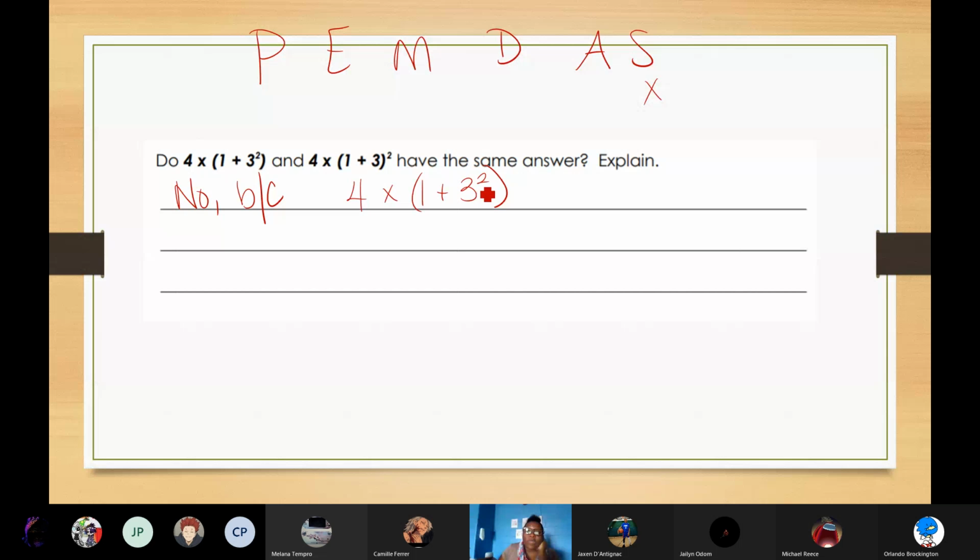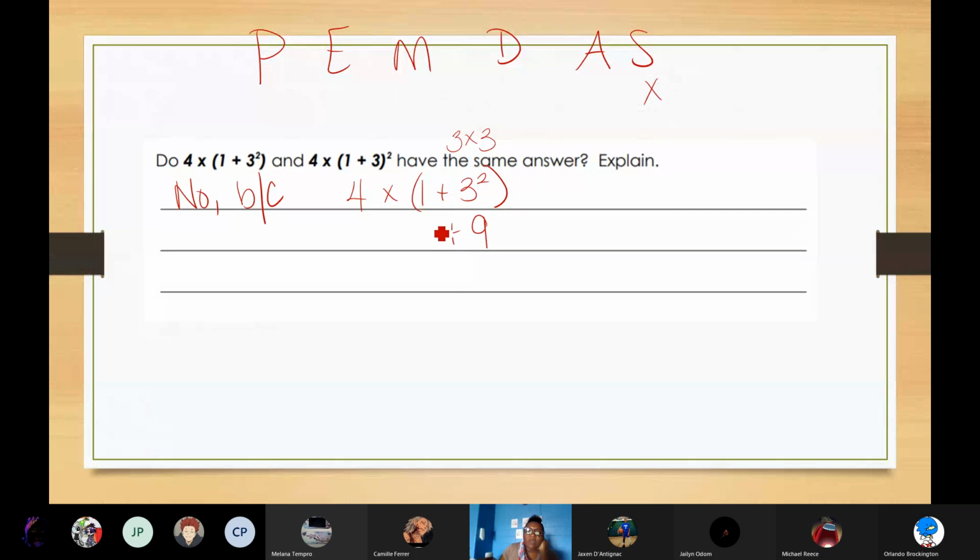Remember, we've got to do what's inside of our parentheses first, and we have to deal with that exponent first. When that 2 is beside the 3, 3 is the base number. So what is 3 to the second power? Do not say 6. Remember, 3 to the second power. What is it? 9.